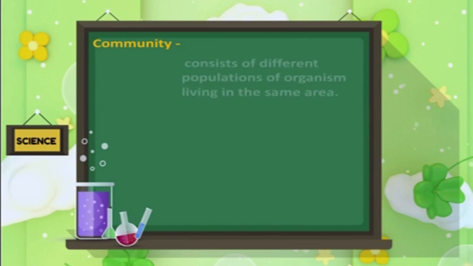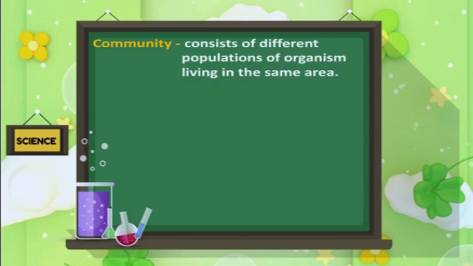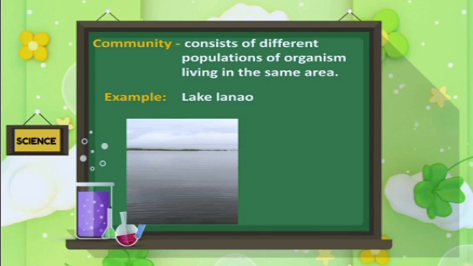Community consists of different populations of organisms living in the same area. They are interacting populations of various kinds of individuals, such as species, in a common location. For example, Lake Lanao is a community of fishes. It has many populations interacting with one another.